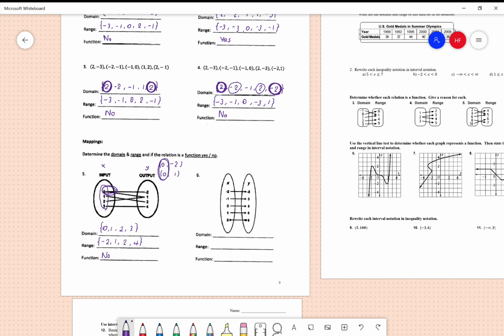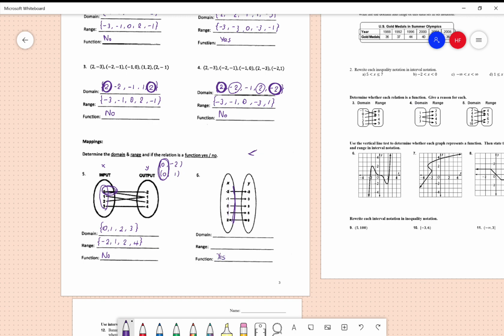Now on number 6, it's the same thing. So we've got this mapping where we've got x to y. Do any of these go to more than one value? I don't see a double arrow. I don't see one that looks like that. So since none of my arrows are reaching more than one y value, I have to double check that none of these values are repeated. -2, -1, 0, 1, 2, none of them are repeated. So this is a function.